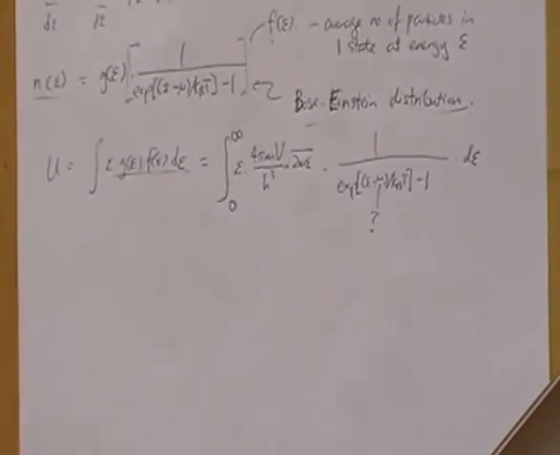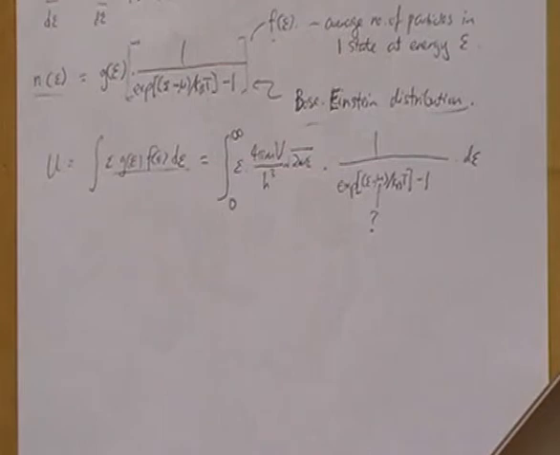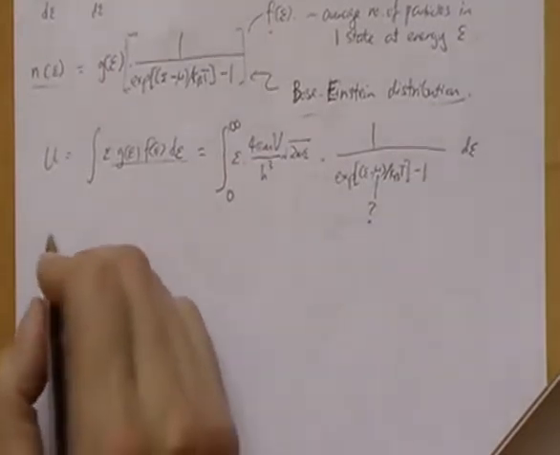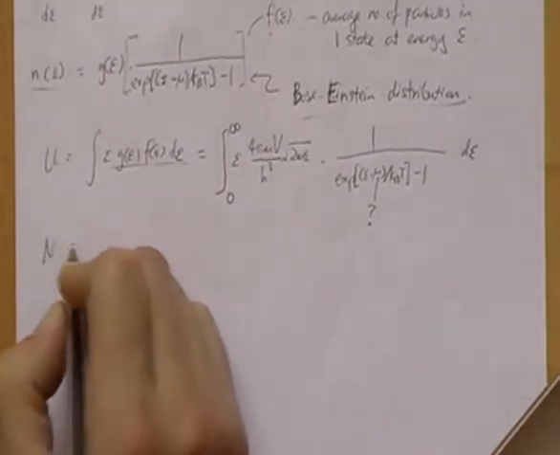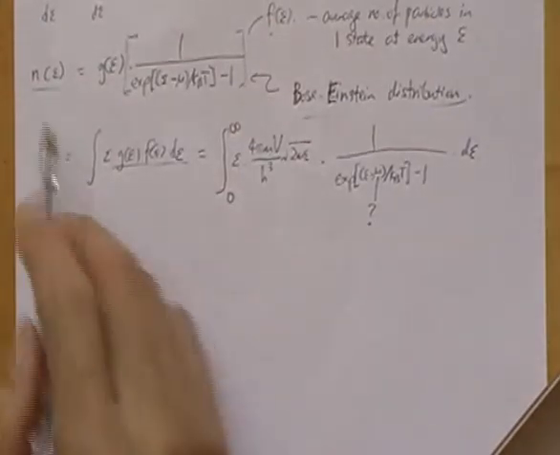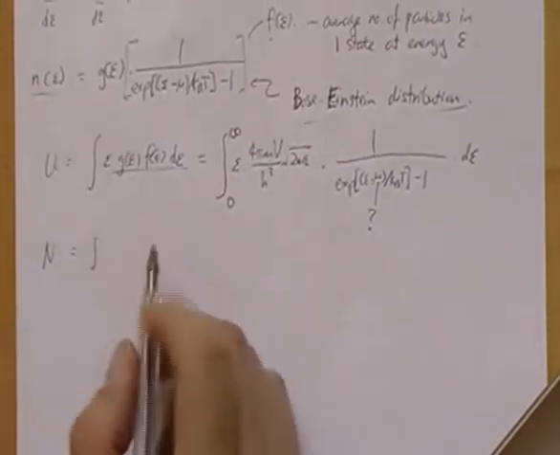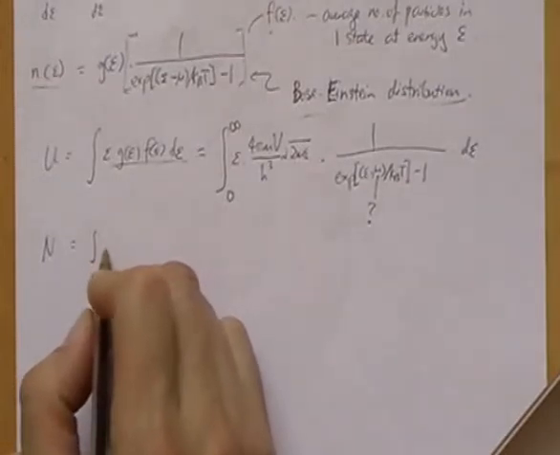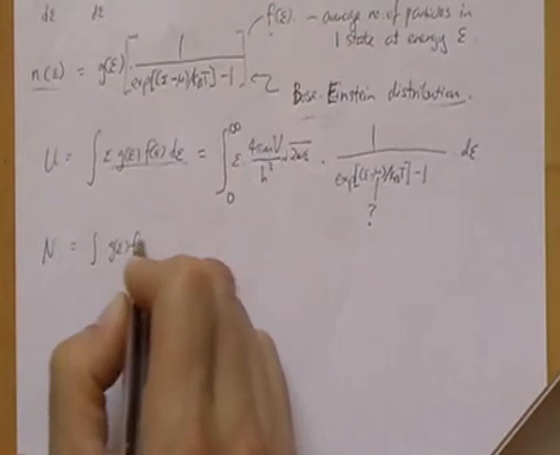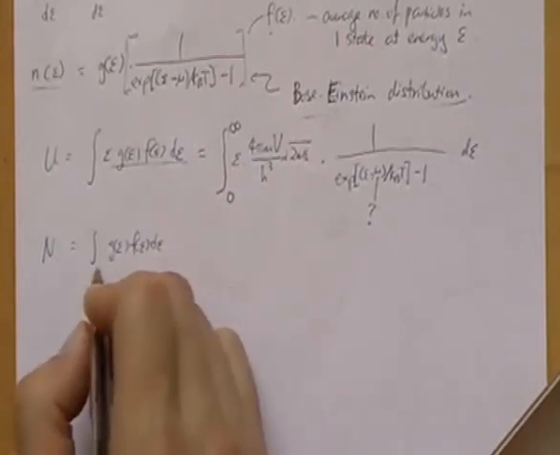So let's look at how it relates to the total number of particles. The total number of particles, N, you can get simply by integrating g(E) F(E), just adding up all the particles in each interval.